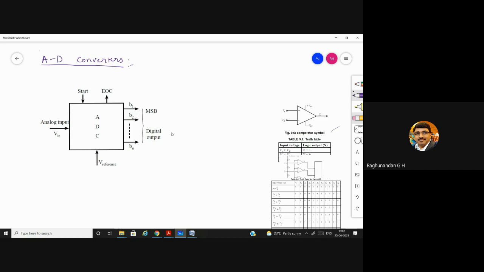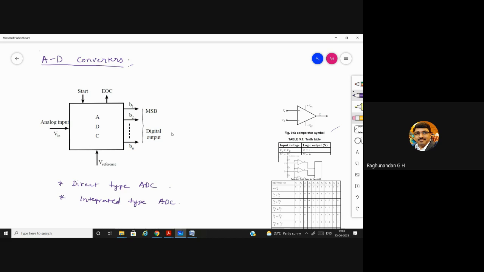In analog to digital converters, basically there are two types. The first one is direct type ADC, analog to digital converter, and the second one is integrated type ADC.